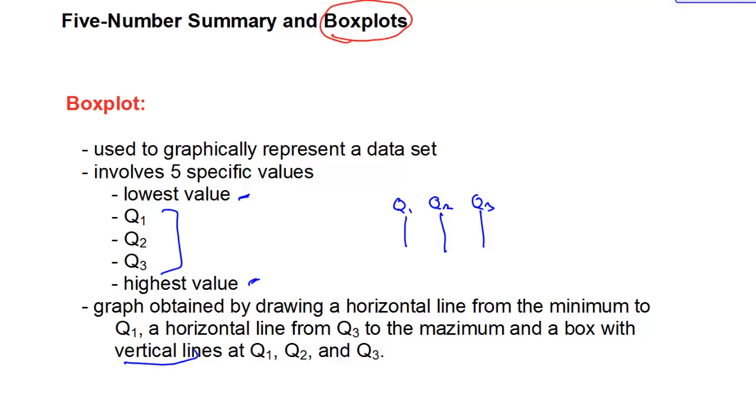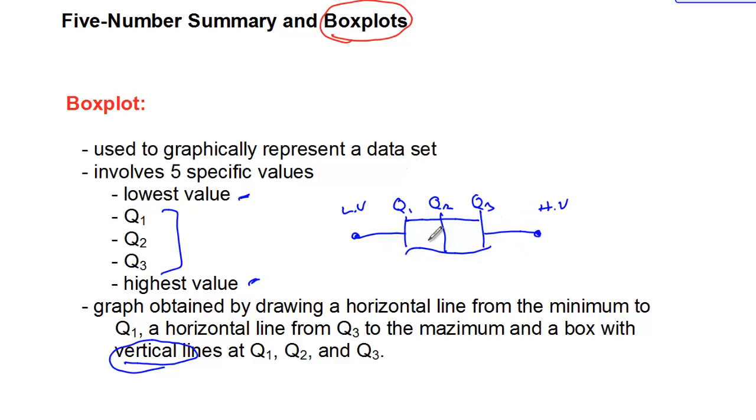But we're vertical lines at Q1, Q2, and Q3. And we're going to connect those into a box. And then we're going to put the lowest value and the highest value on there, and draw horizontal lines connecting them to the box. And this is our box plot.